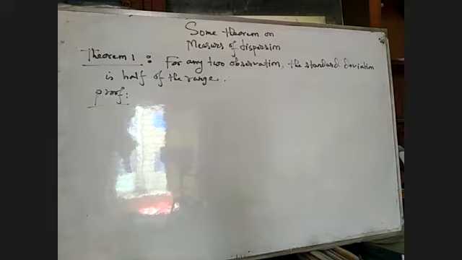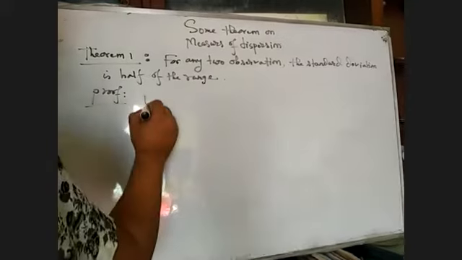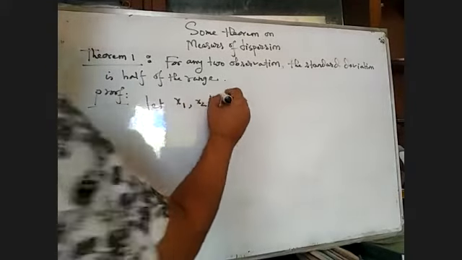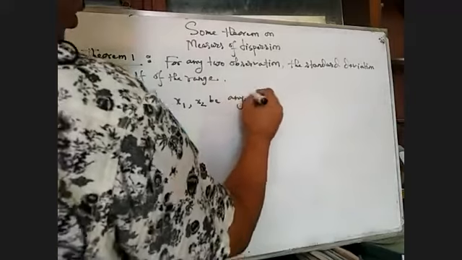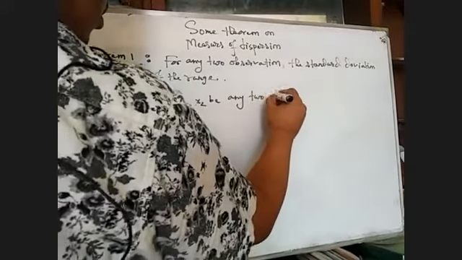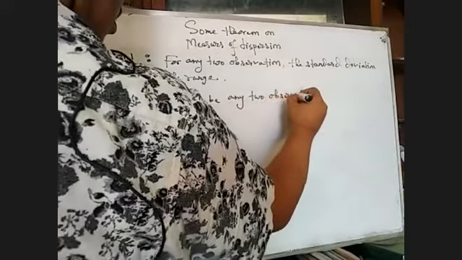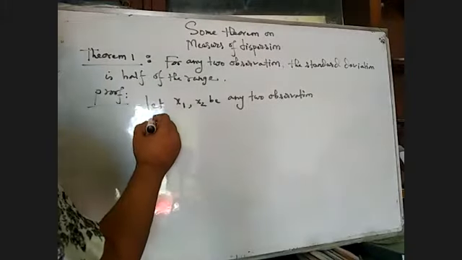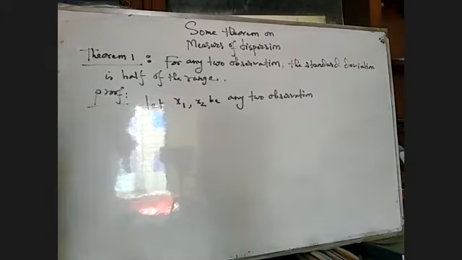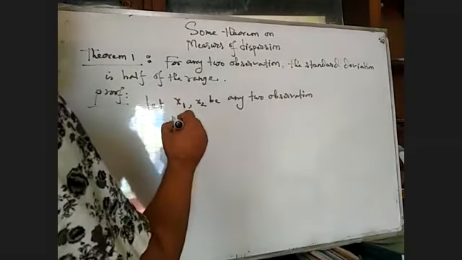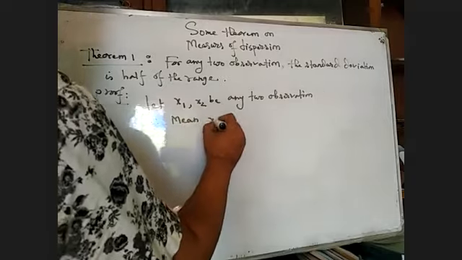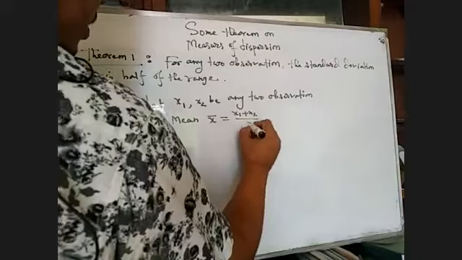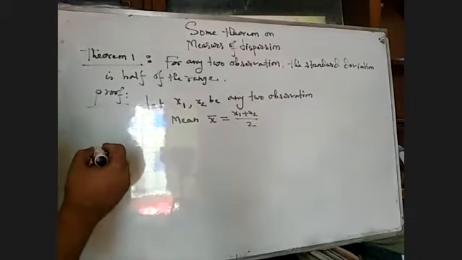Proof. Let x1, x2 be any two observations. So what will be the mean? Mean x bar will be what? x1 plus x2 divided by 2. Okay.